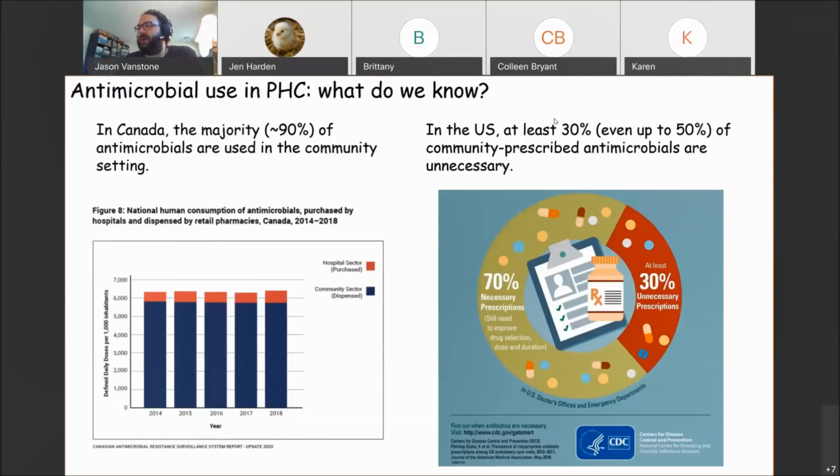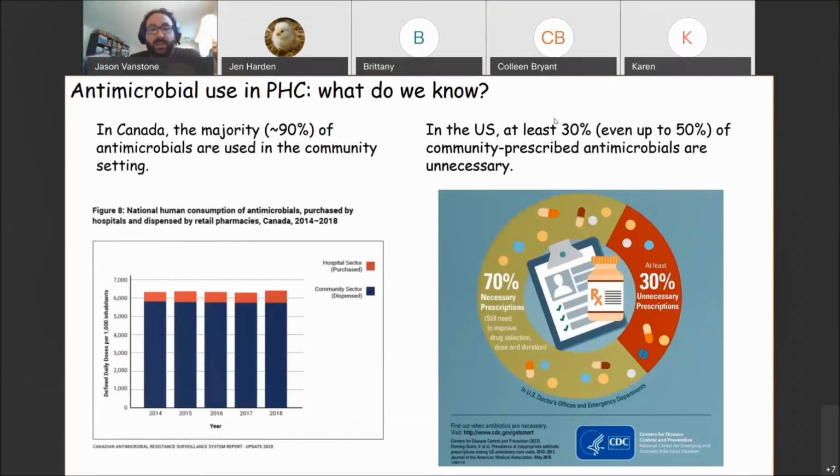They found that at least 30% of antimicrobial prescriptions were being prescribed for unnecessary indications: viral infections, asthma, things where an antibiotic is of no use. And that was their low estimate, so that number could be as high as 50%.